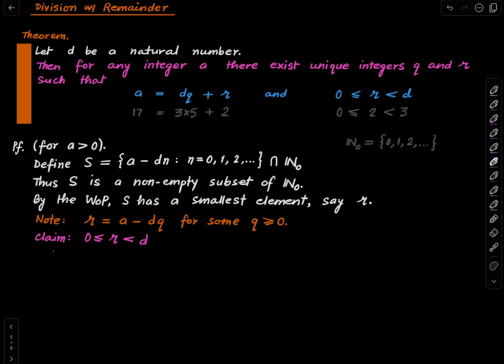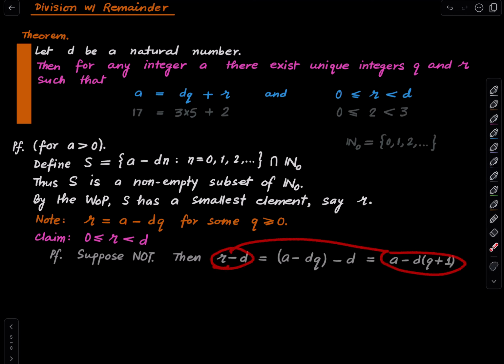So why is that? Suppose not. Then what is r minus d? r minus d is a minus dq minus d, which is a minus d times q plus 1. So r minus d is equal to that, and hence is an element here.